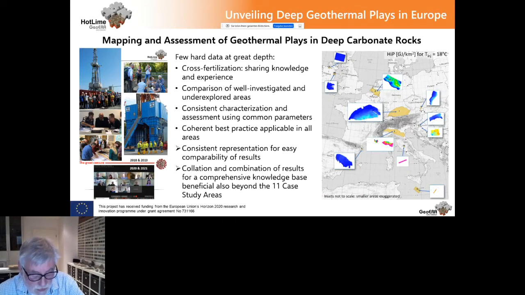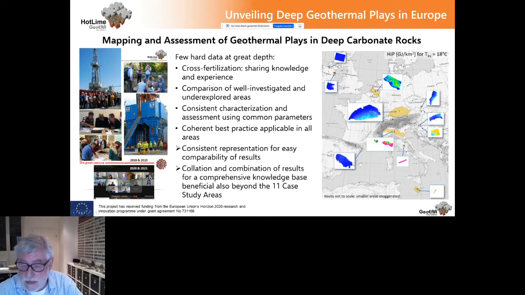This cross-fertilization was very successful during the first half of the project, as you can see on the left, but it has been rather constrained in the second half. This collaboration allowed for a consistent characterization and assessment using common parameters and applying the best practice uniformly over all the areas, as you see on the right.